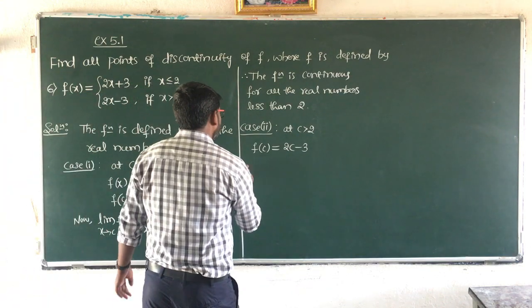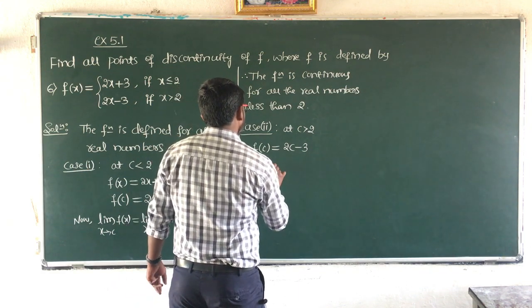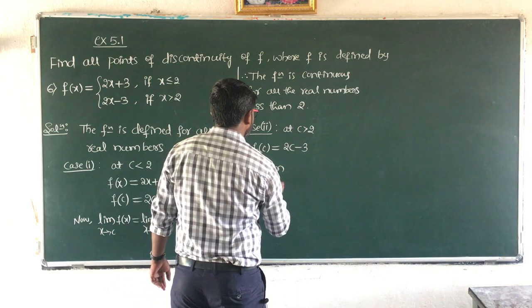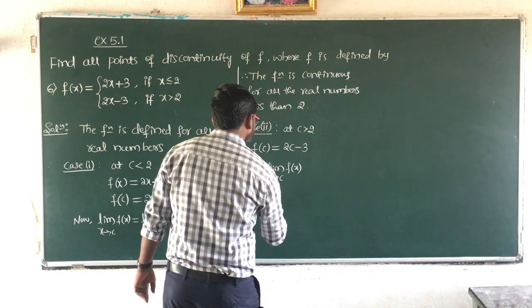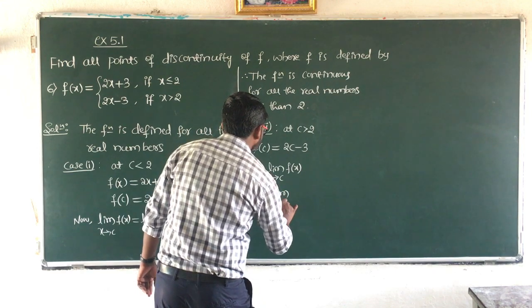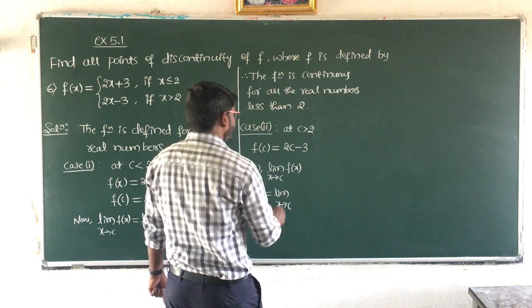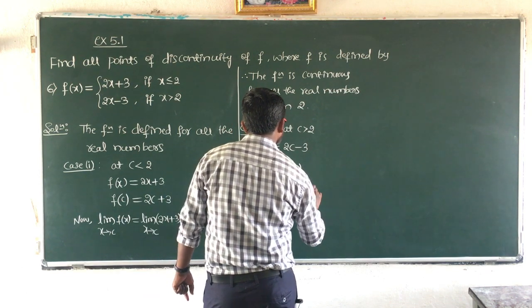Now let us go for the limit of a function. Limit x tends to c of f of x, and f of x is 2x minus 3.